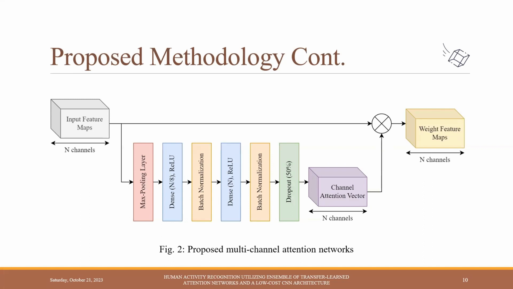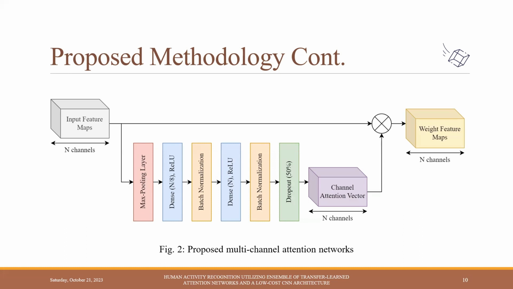Now, what is this channel attention vector? The channel attention vector is basically providing us the information about which channel is how important. So suppose a value in this vector is higher, that means that the corresponding channel is more important to us than the other channels. And you can see here that the size of the input feature map is n channels, and the size of the channel attention vector is also n channels.